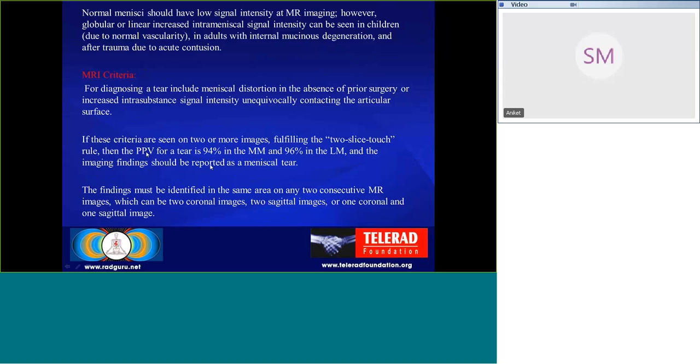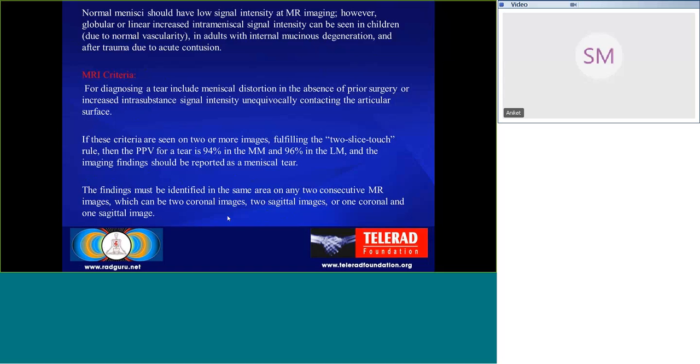If these criteria are seen in 2 or more images, fulfilling the 2-slice touch rule, then the positive predictive value for a tear is around 94% in the medial meniscus and 96% for the lateral meniscus. It means the findings must be identified in the same area in any other 2 consecutive MR images, which can be either 2 coronal or sagittal images.